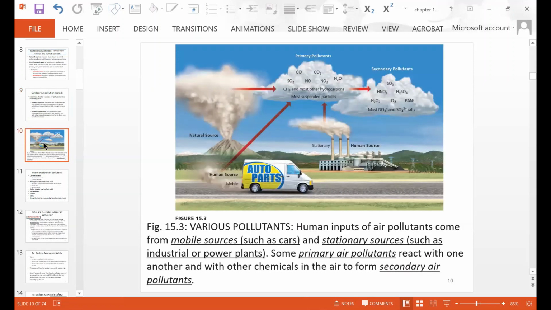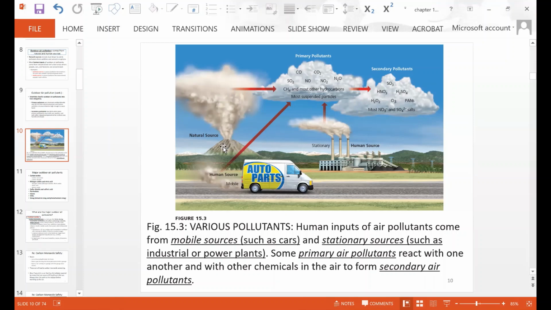So this diagram shows various pollutants. We have a motor vehicle spewing out some air pollution. You have this plant here. Either this could be an industrial plant or a power plant, and it is emitting some air pollution.